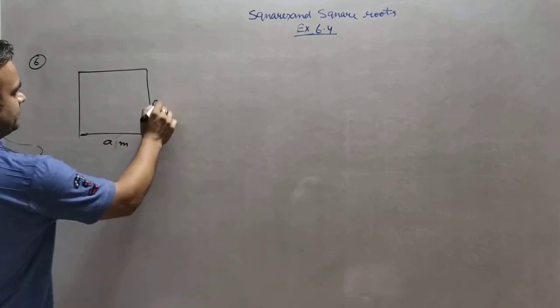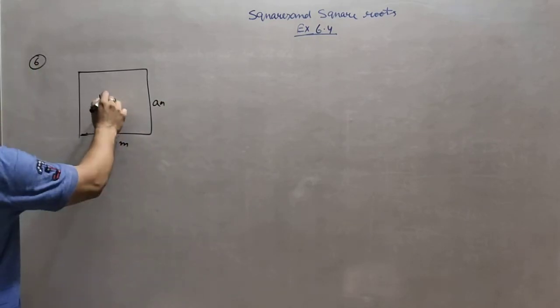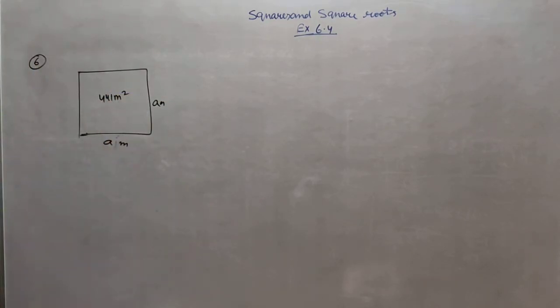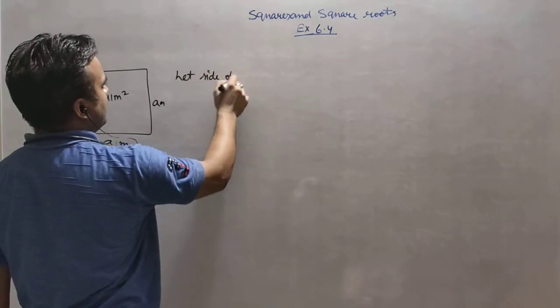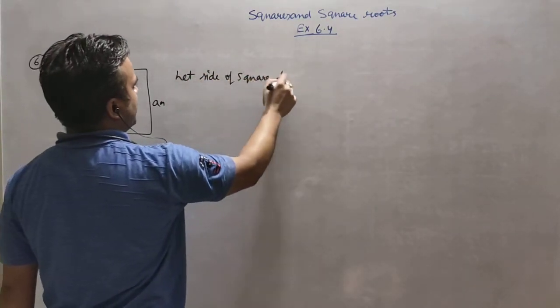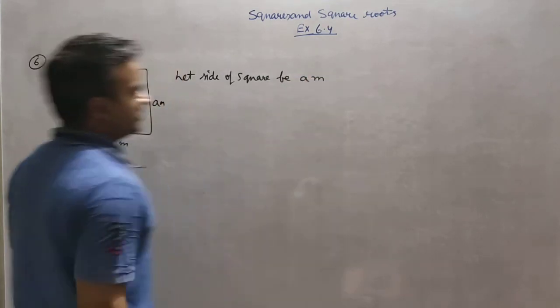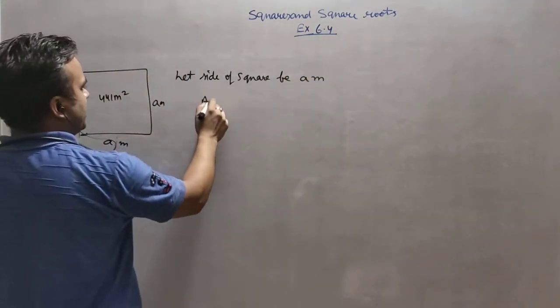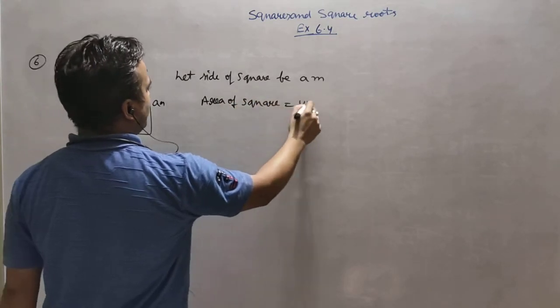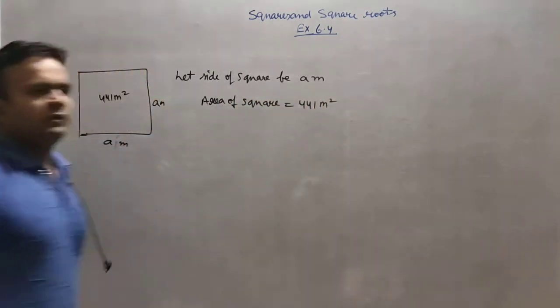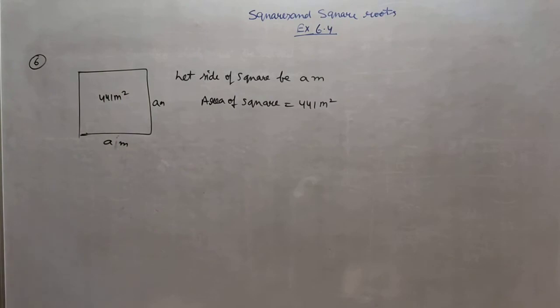So a is the side, and the area is given, 441 meter square. It is very easy. Let the side of the square be a meter, or you can take x, and the area of the square equal to 441 meter square. It is the given part, and one we have supposed the side.